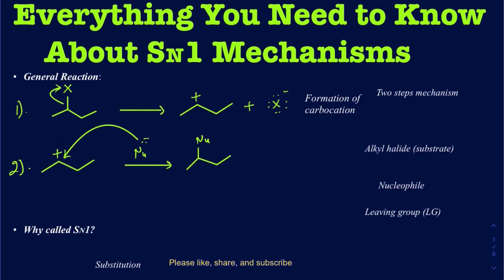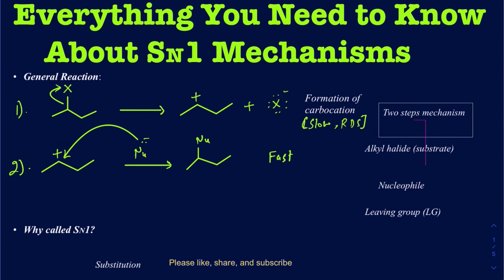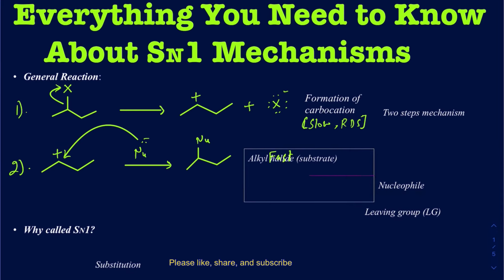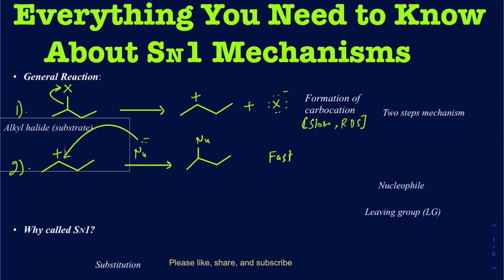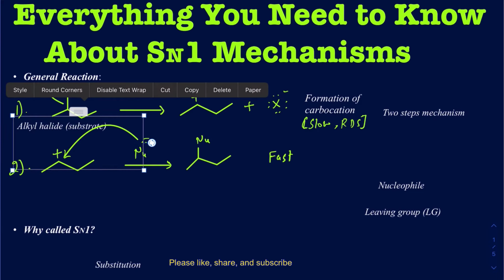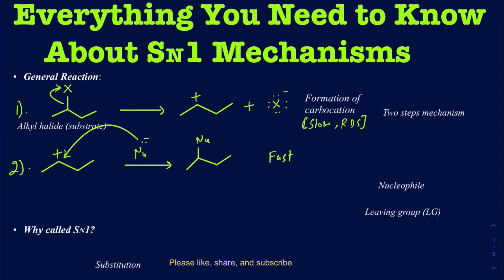The second step is going to be the fast step, and your first step, the formation of the carbocation, is going to be the slow step, which we can also say is your rate determining step. So at the end of the day, you've got two steps involved here. You've got an alkyl halide, which is going to be your substrate. And then I've got a nucleophile.